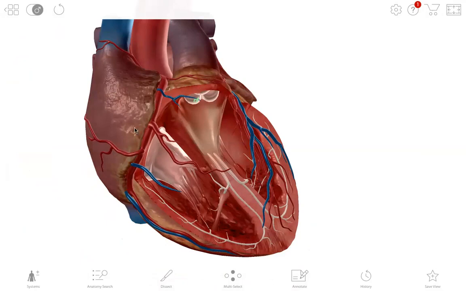Between the two atria above and the two ventricles below, there is a groove called the atrioventricular groove. This isolates the musculature of the atria from the ventricles, and it lodges important arteries: the circumflex branch of the left coronary artery and also the right coronary artery, and the anastomosis in between.